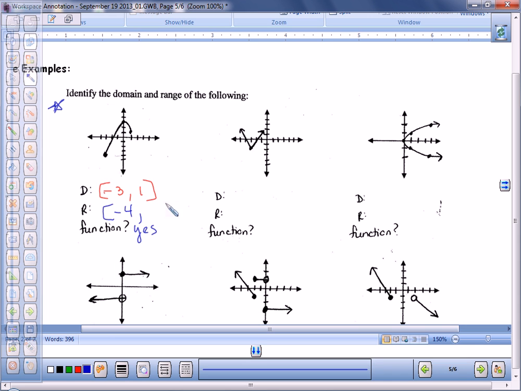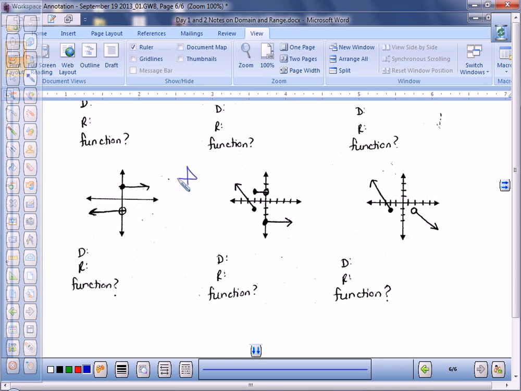Okay, I'm skipping to this one because I like it. That one looks tough, but it's not that tough. First of all, is it a function? No, it's not. It fails the vertical line test right here. Actually, one passes here because this is an open circle.